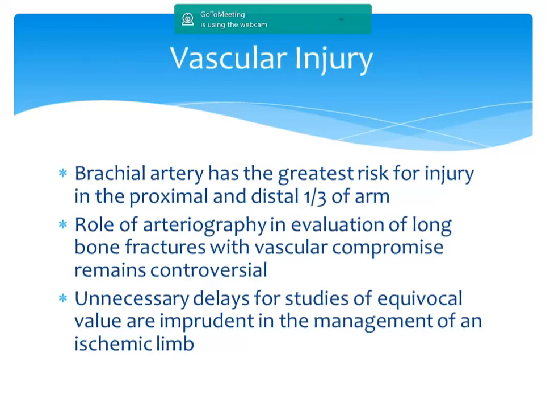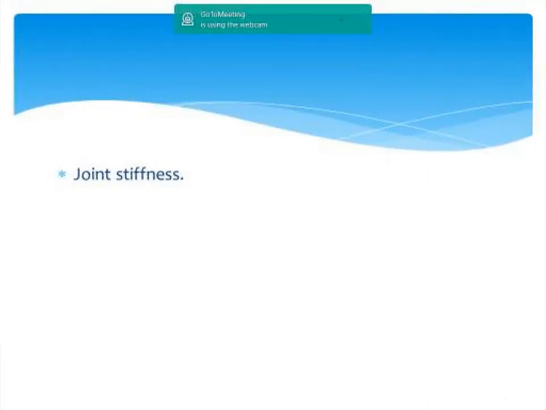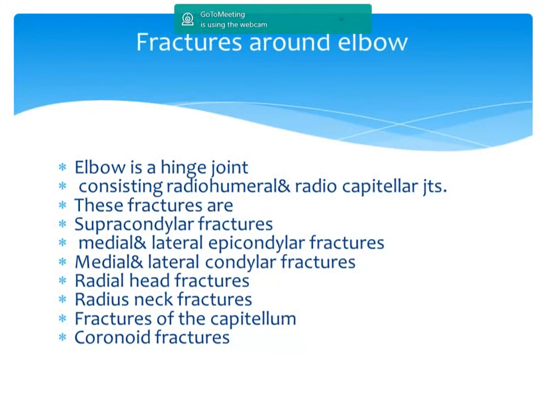In those cases, you have to go for arteriography or angiogram to see where it is injured and how much is injured, and all those injuries must be repaired. The last complication is joint stiffness. So these are the early, delayed and late complications, which are very important.